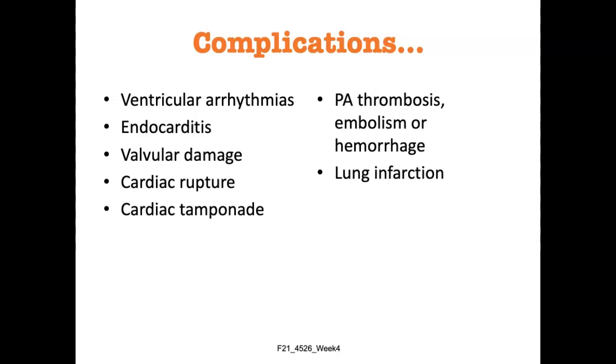You could have a cardiac rupture, a cardiac tamponade, where there is some type of puncture and the outer part, the encasing of the heart, fills with blood and it compresses on the heart. You could have pulmonary artery thrombosis because of where the catheter is lying, and a lung infarction. So it's not by any means benign, it's very invasive.